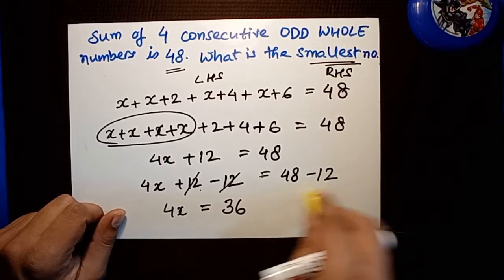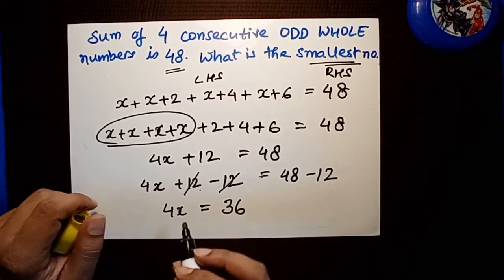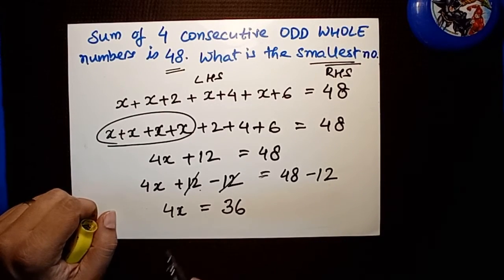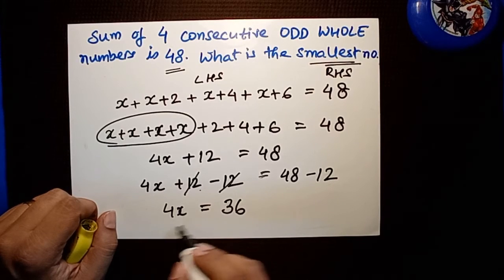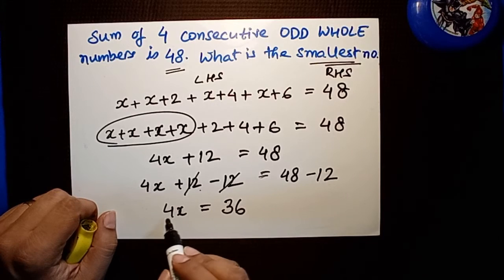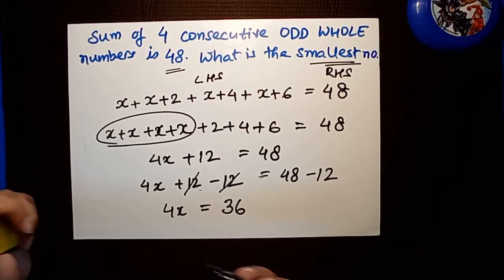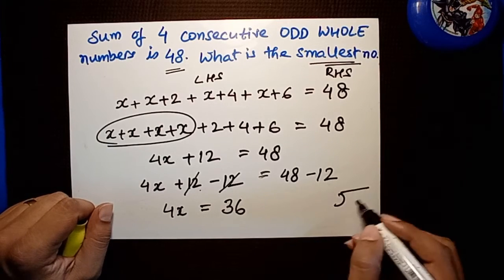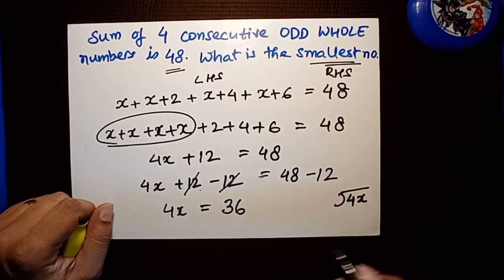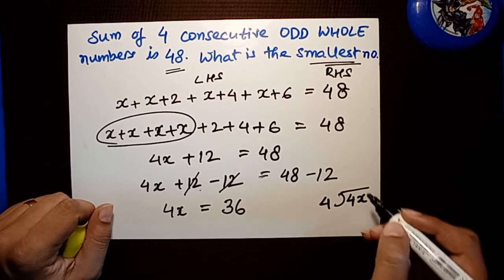Or we can go the normal way. If I want only x here, what do I need to do with this expression? I need to divide this expression by 4 because it is multiplied by 4. So 4 multiplied by x, if I divide it by 4, what is left? X is left.